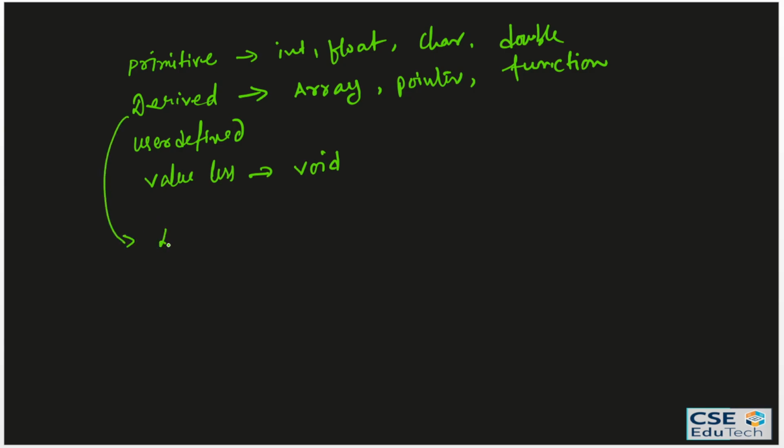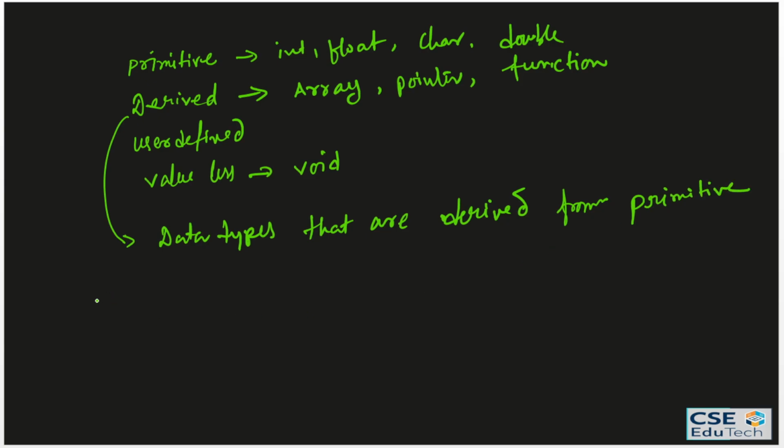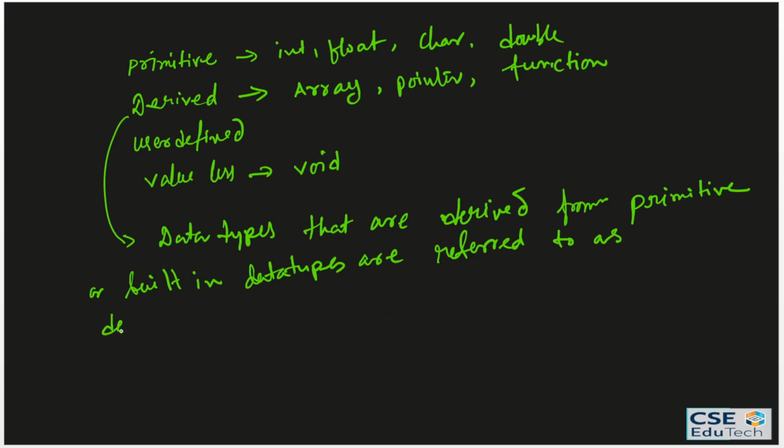So data types that are built or derived from primitive or built-in data types are referred to as derived data types.